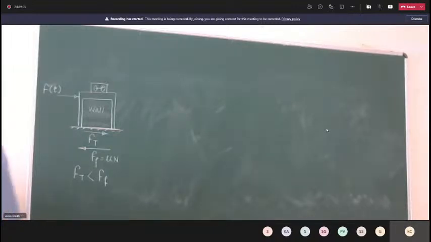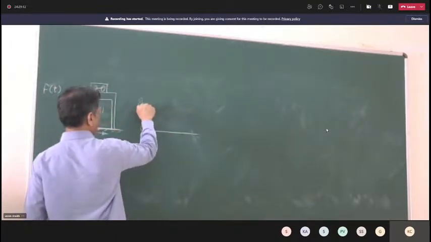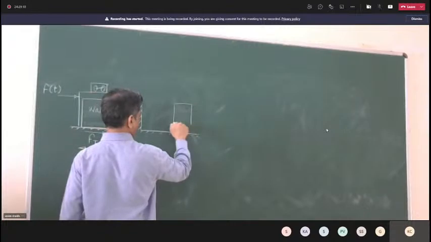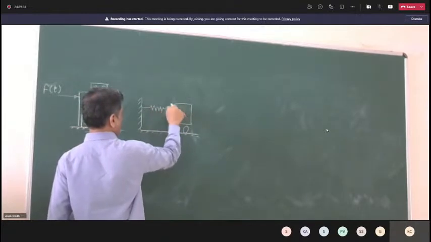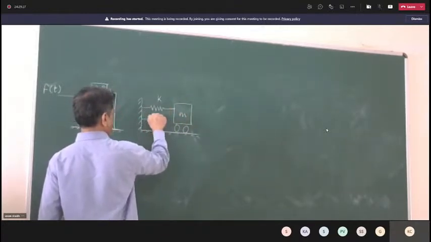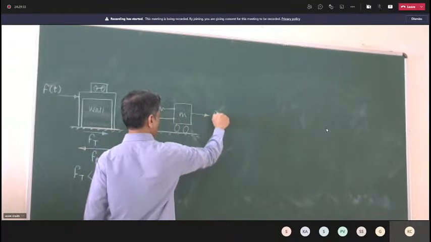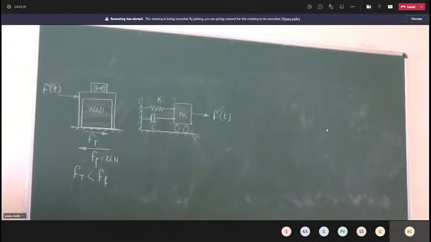Now to calculate the force transmitted to foundation, let us consider the conceptual model. There is external force, then spring represents elastic force, piston and dashpot represent the damping forces.